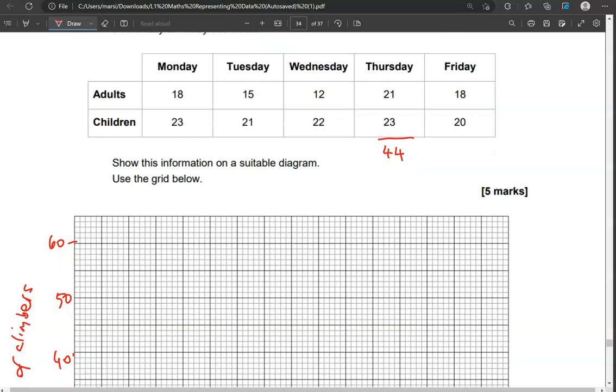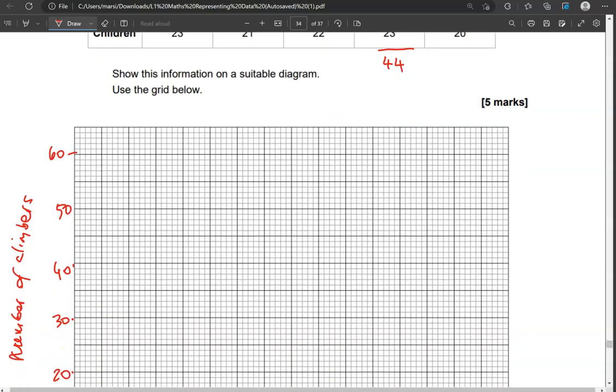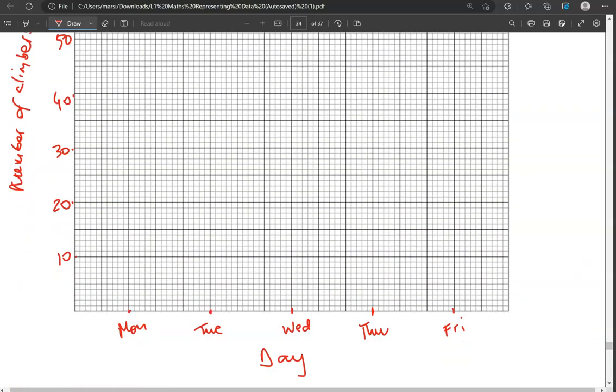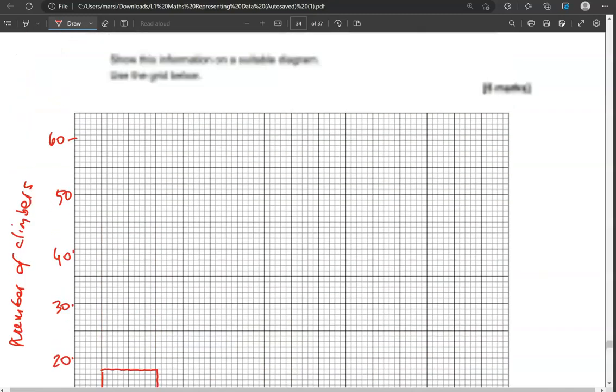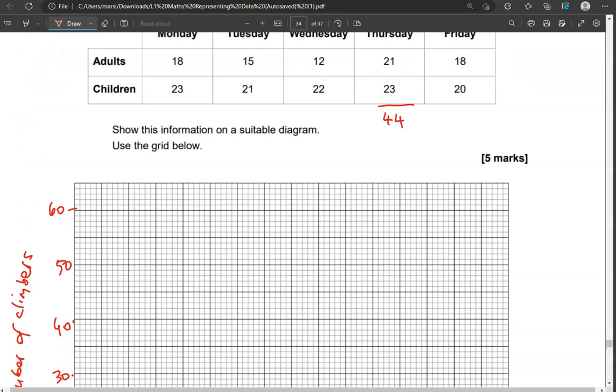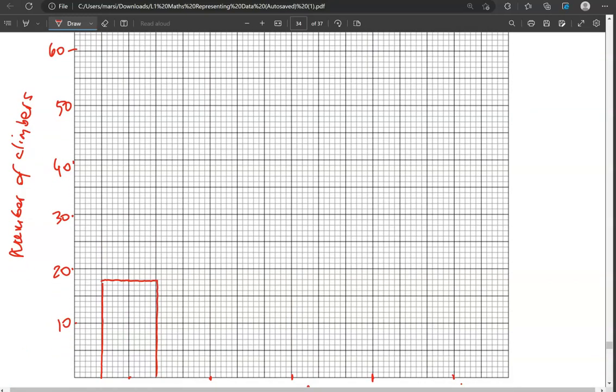So adults, that's 18. So we're going up to 18. And children, it's 23. So I'll put 23 on top.